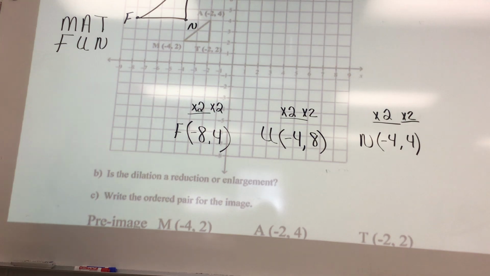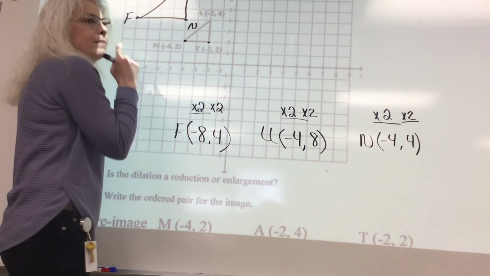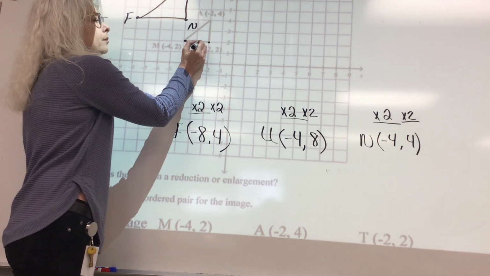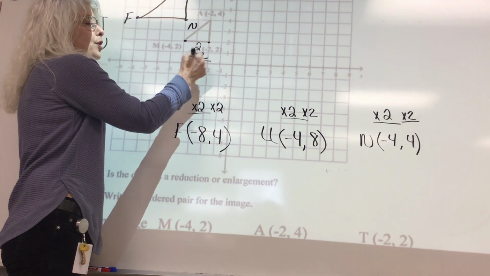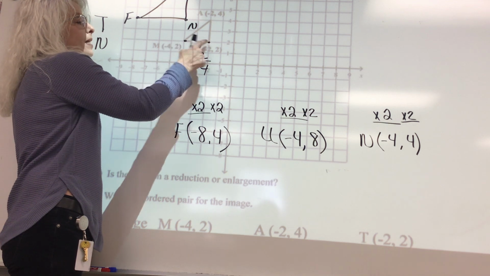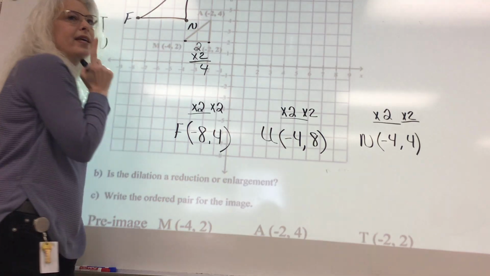And watch this. How long is side MT? 2. And if we multiply this side by the scale factor of 2, 2 times 2 is? The image of MT is FN. How long is side FN?